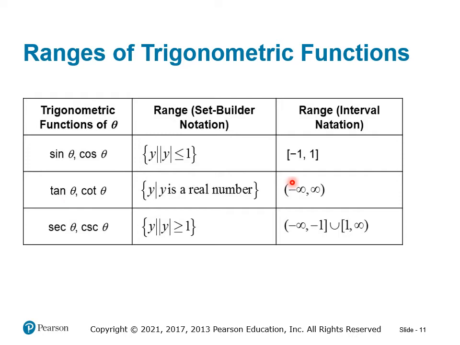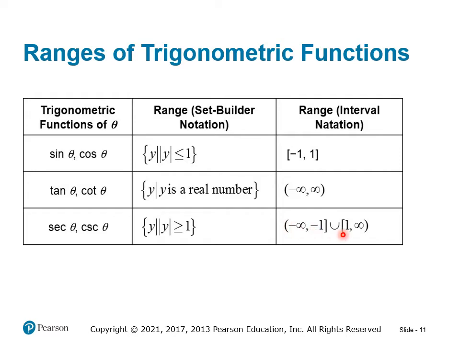Notice that for tangent and cotangent, they can be any value from -infinity to infinity. So there's no restriction on the range for tangent, and that's why you see here that it can be any real number. So tangent and cotangent are any real number. Now, for secant and cosecant, these have to be greater than or equal to 1 or less than or equal to -1.